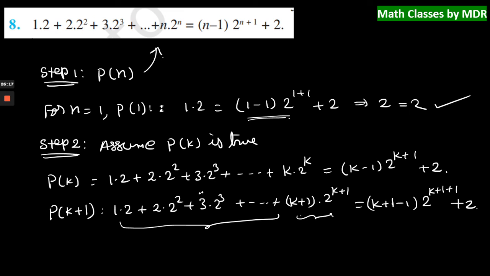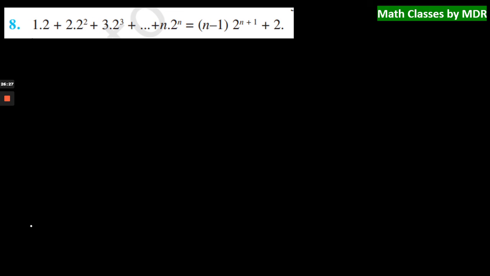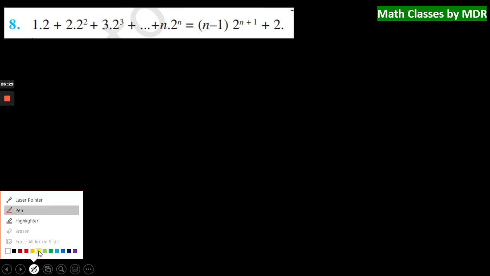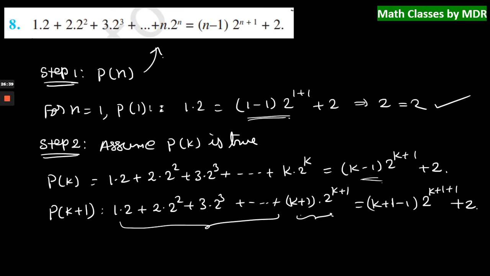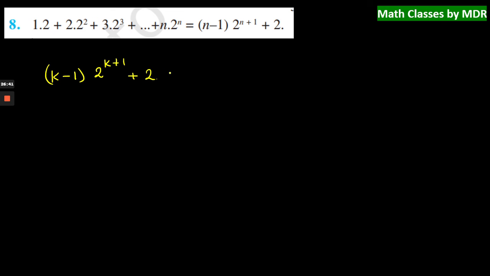So the sum of the first k terms, already we have assumed that is true. So I can take now the sum of the k terms as (k minus 1) into 2 to the power (k plus 1) plus 2, plus (k plus 1) into 2 to the power (k plus 1), the last term.